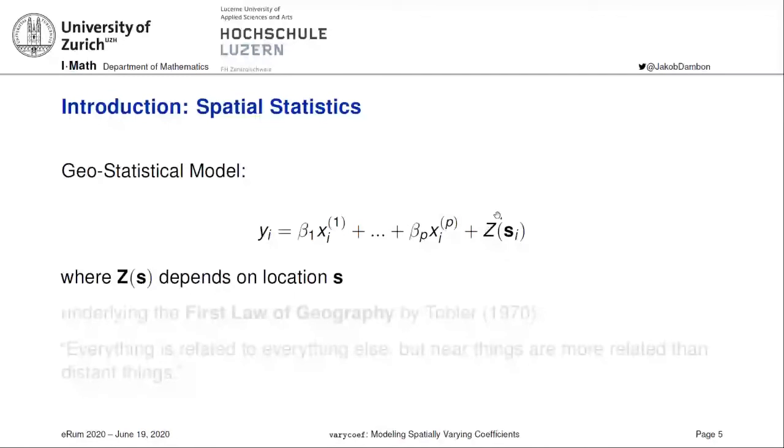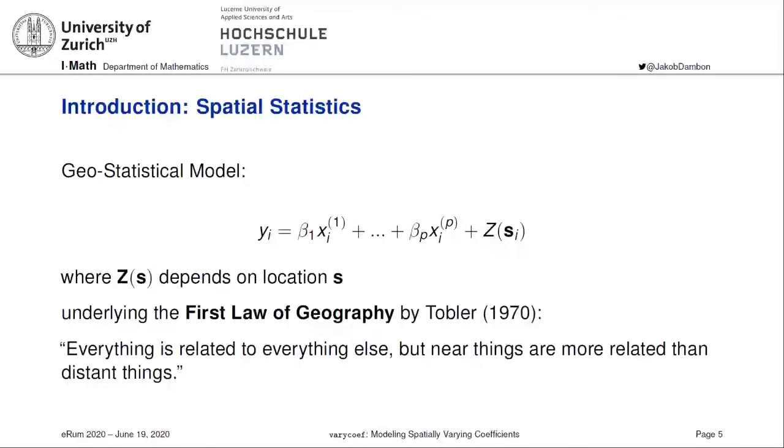All of this underlies the first law of geography by Tobler, who stated that everything is related to everything else, but near things are more related than distant things.